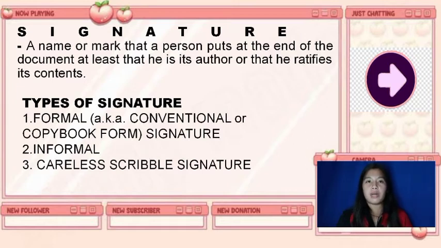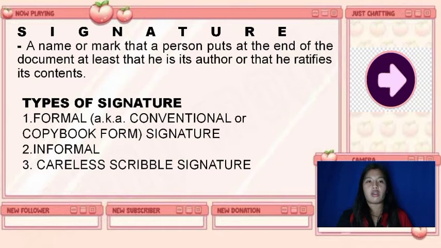Second is informal or cursory signature. It is a type of signature that is cursory or customary, used in signing routine documents and personal correspondence. Then lastly is careless scribble signature. It is a signature that is scribbled for the mail carrier, delivery boy, or the autograph collector.